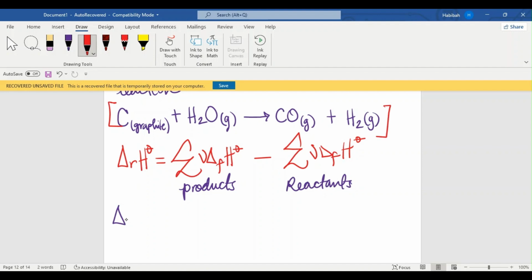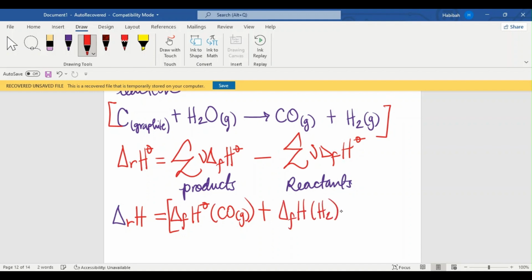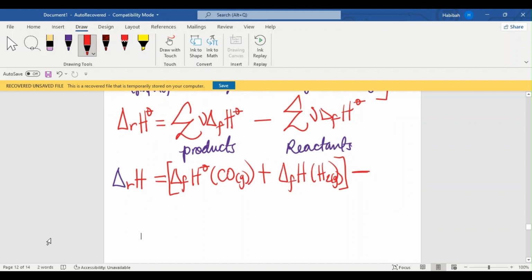The change in enthalpy of reaction is going to equal the product, so we first say the enthalpy of formation of CO gas, plus, don't forget we're summing it up, the change in enthalpy of formation for H2 gas. We add them up, and then minus the change in enthalpy of formation, which is right here.